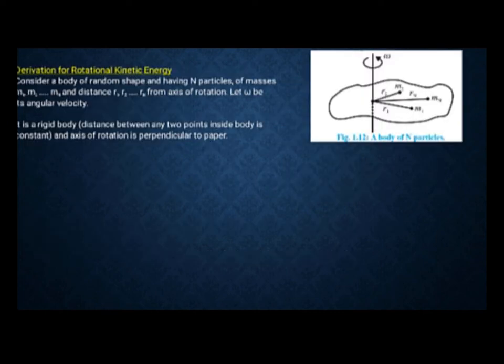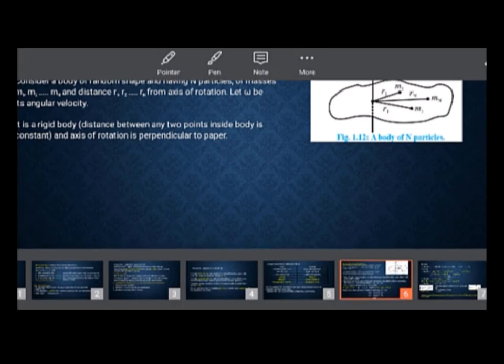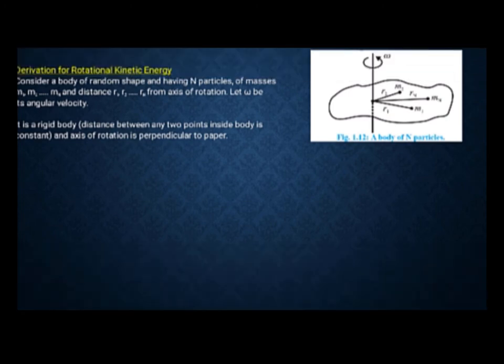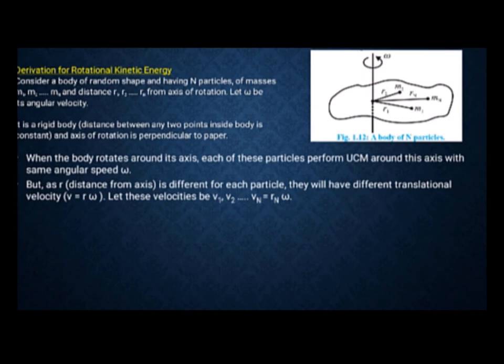Now, from the figure, consider a body of random shape having n number of particles at distances r1, r2, rn from the axis of rotation. Let omega be the angular velocity.